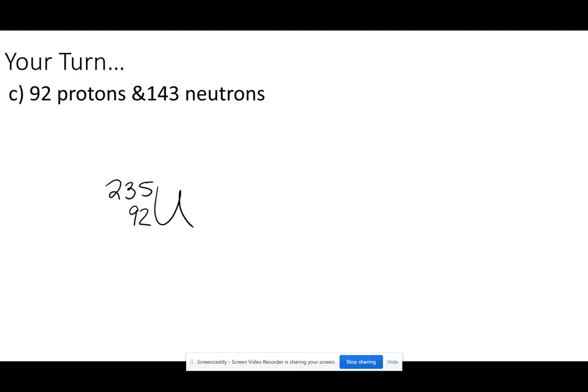I picked this particular example. Uranium-235 has lots and lots of uses when we get to nuclear chemistry. So we will certainly see these nuclear symbols or isotope symbols come up again in chapter 5. And uranium-235 is one of the heavy hitters for nuclear chemistry. So I picked that example just to give you something to use.